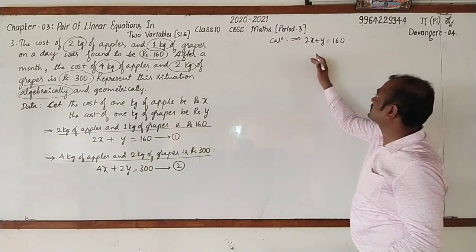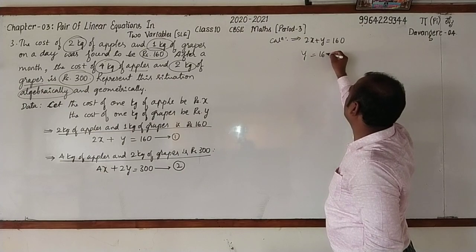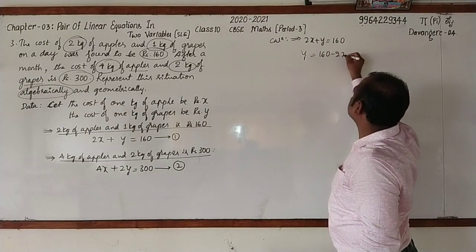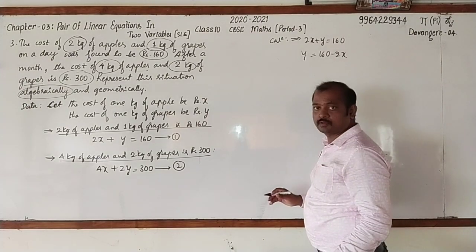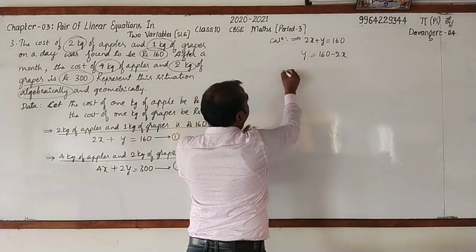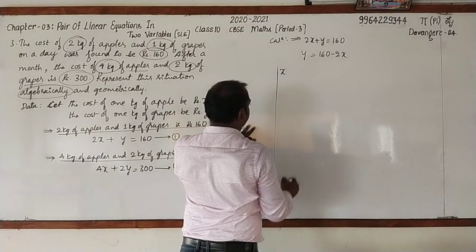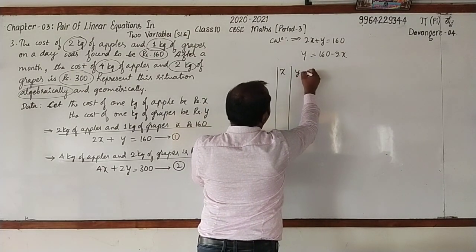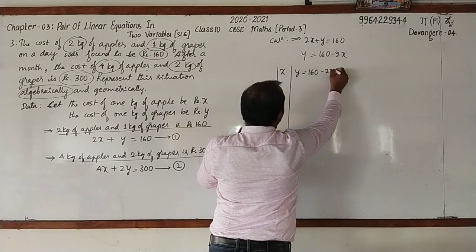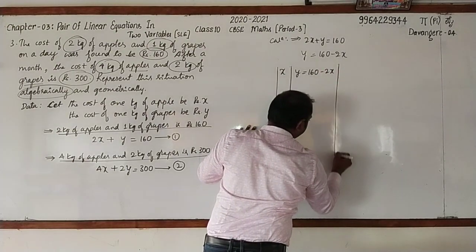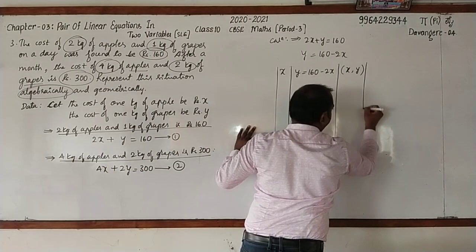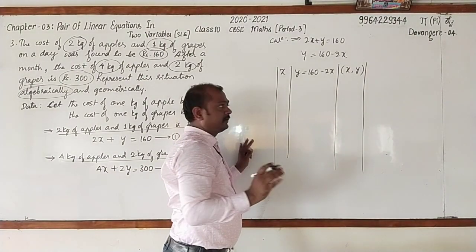Solve y from this. y is equal to 160, transfer 2x to the right hand side, it is minus 2x. Clear? We can write this: first column is x, second column is y equal to 160 minus 2x, and the third column is for x comma y. Clear? Okay.